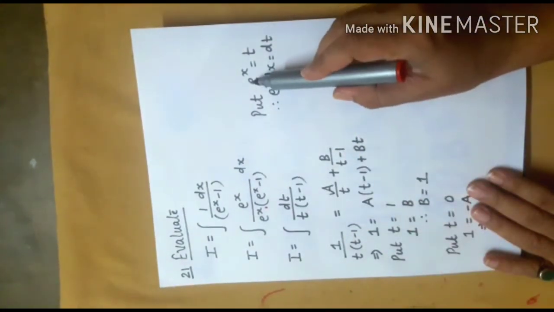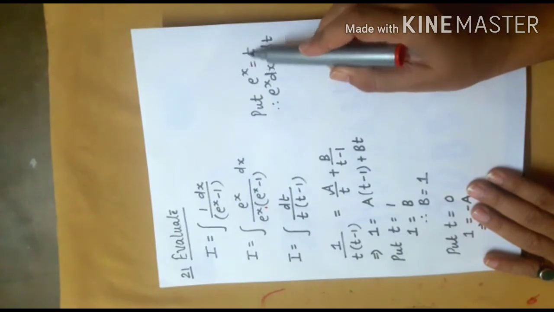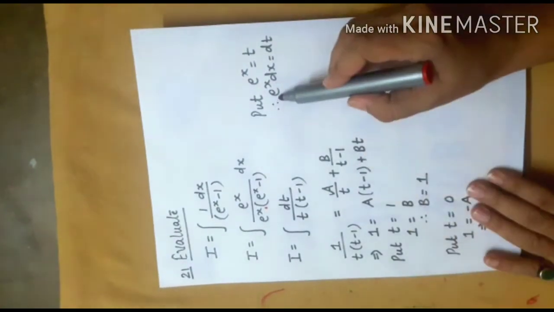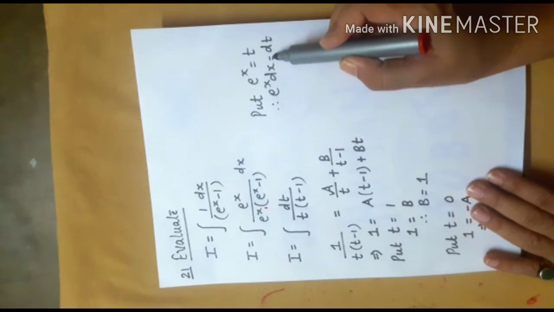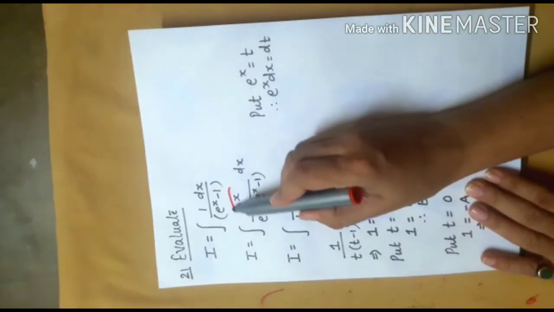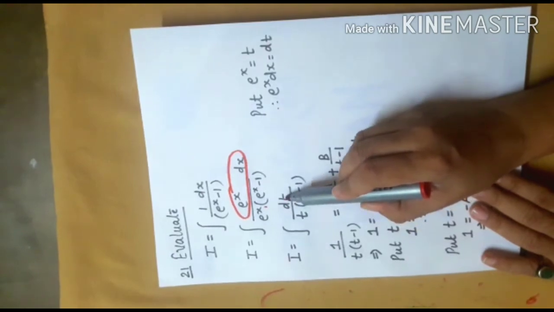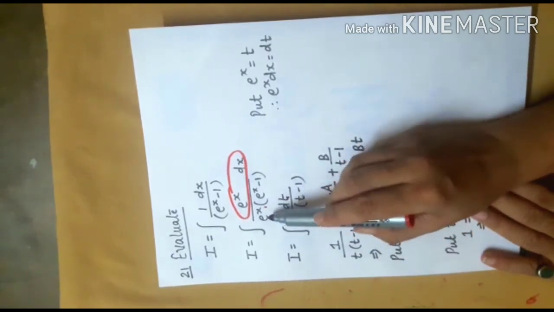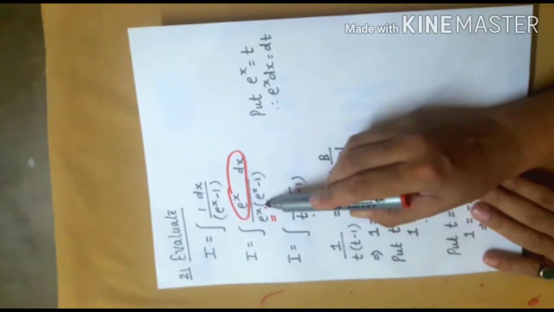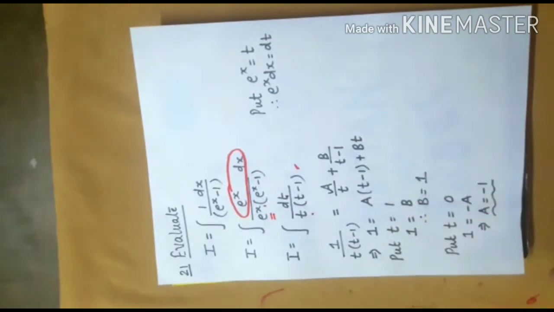Now I'll put e raised to the power x as t. So I'll get e raised to the power x dx is equal to dt. So in place of this, I'll write dt over t into t minus 1.